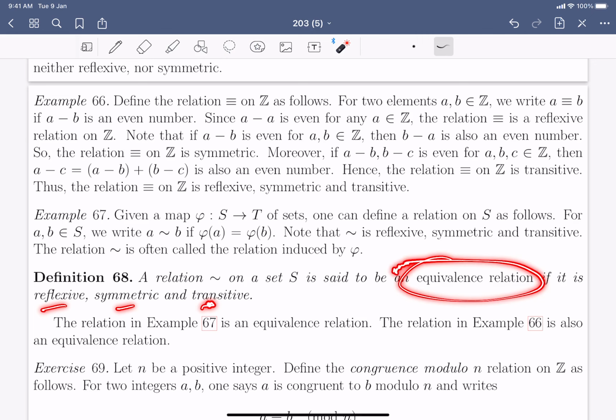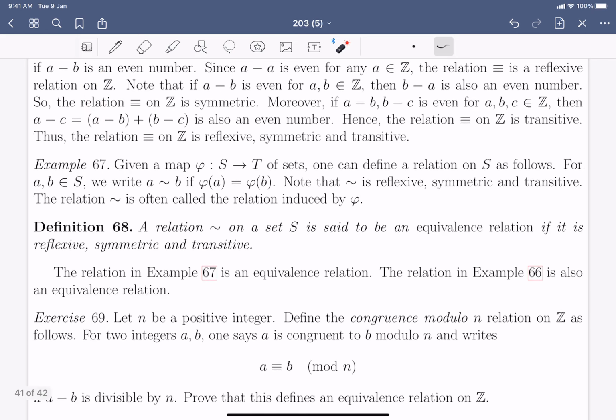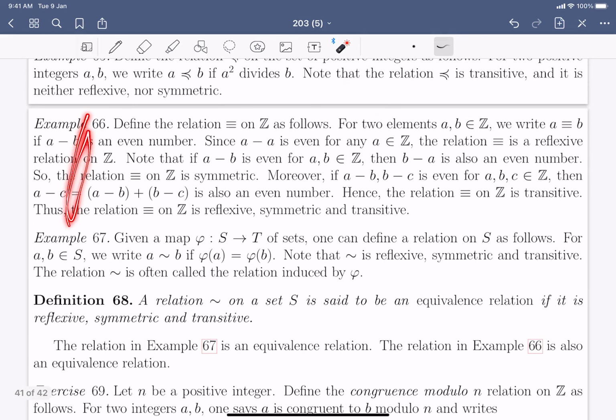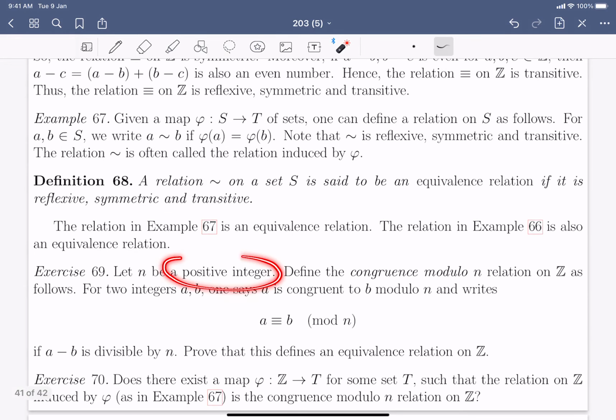We'll try to see that a more general situation holds. This is a special case of something more general. If you take a positive integer n, one can define a congruence modulo n relation on Z as follows.